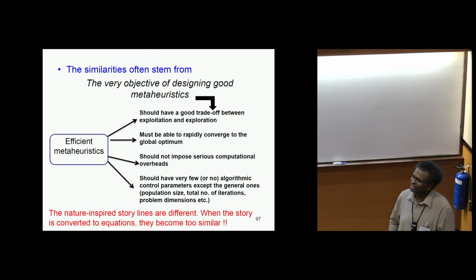So there are so many methods like this. I am not going to study all of them. My focus is to look at the most effective method and how to improve it. So my students are looking at differential evolution only, how to improve it further.